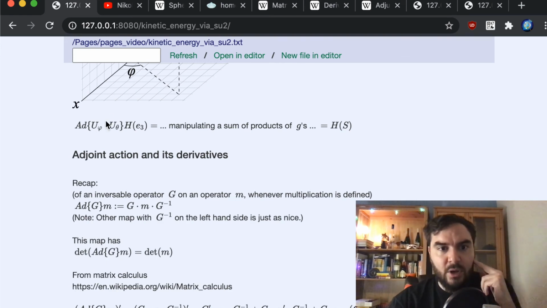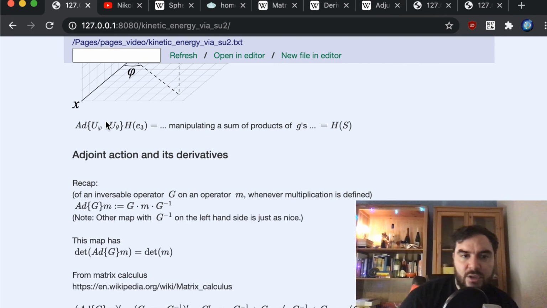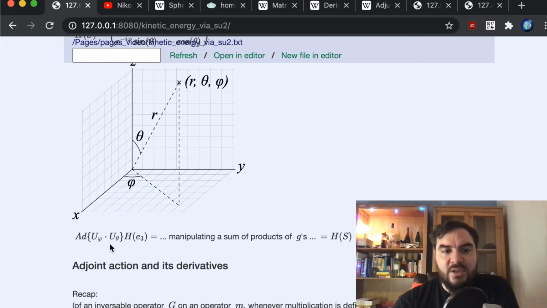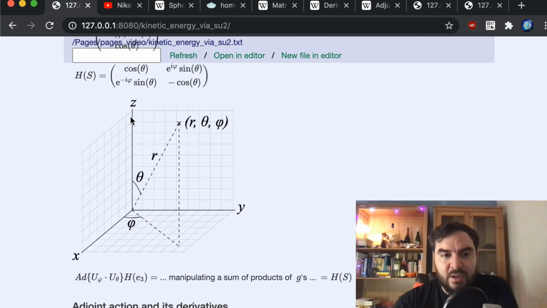We will discuss the adjoint action here. What I want to point out immediately is that the adjoint action of these two matrices, basically this u theta corresponds to the rotation around the y-axis, rotating by theta down here, and this u phi corresponds to the rotation in the xy plane.